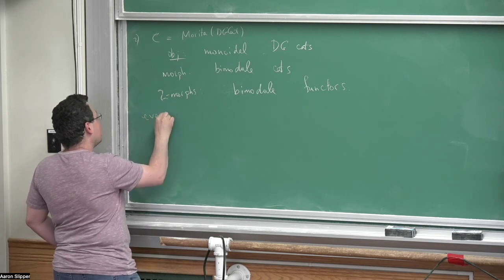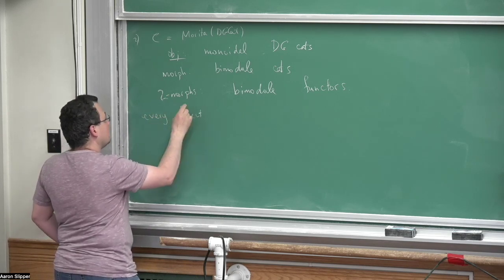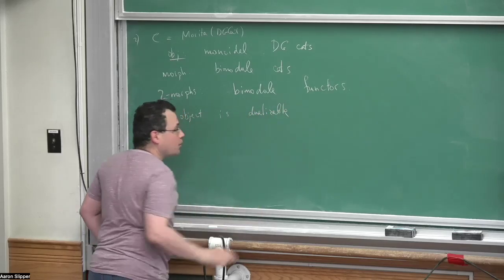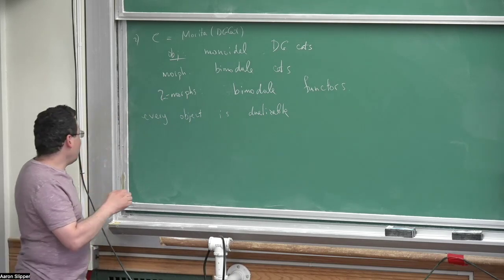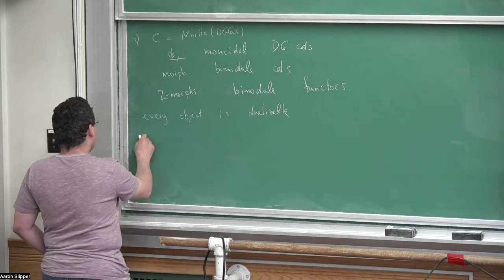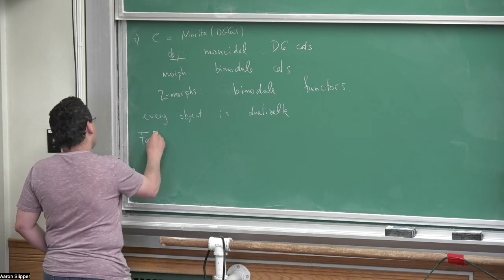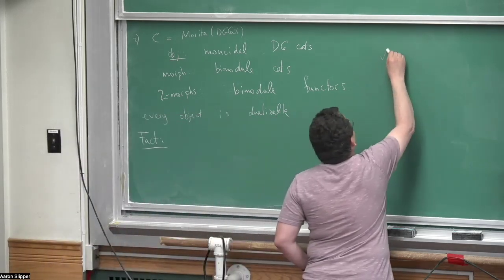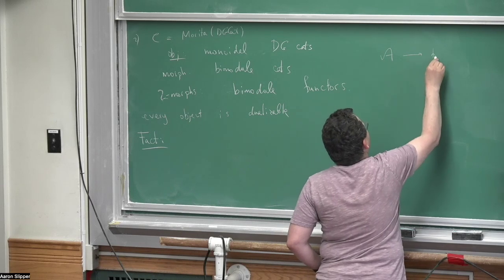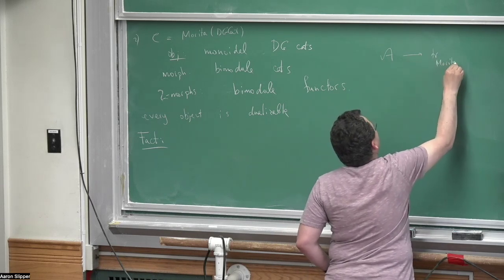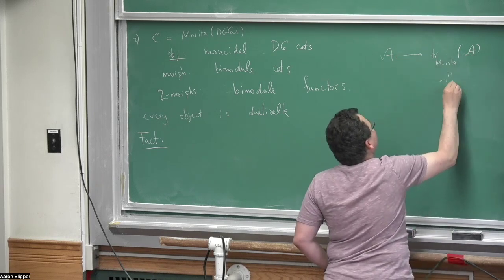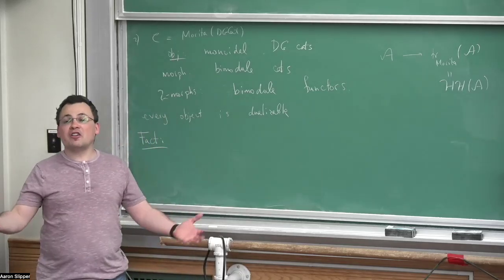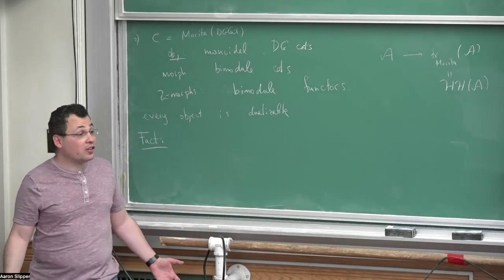So then every object is dualizable. The fact, let me say it like this, is that the trace in this Morita category of A, which is a monoidal category, let me call this HH of A. It's a little bit closer because it's like an algebra object in something, and I'm taking the Hochschild homology.